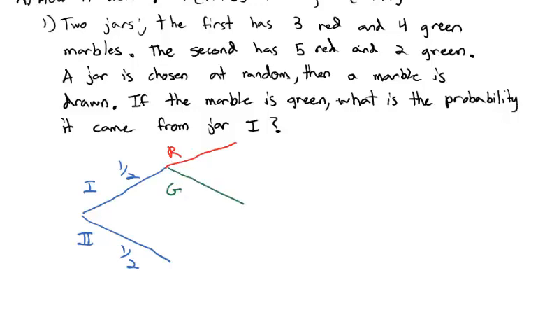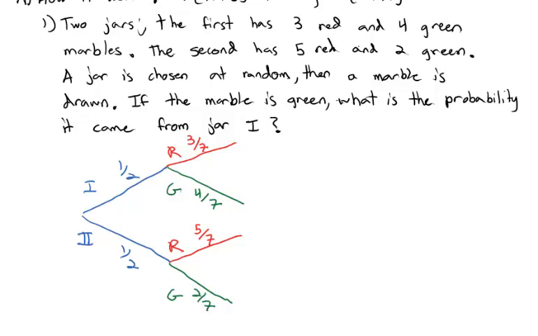From jar 1, there's 3 red out of 7 marbles total, and 4 green out of 7 total. In jar 2, there are 5 reds out of the 7, and 2 greens out of the 7.